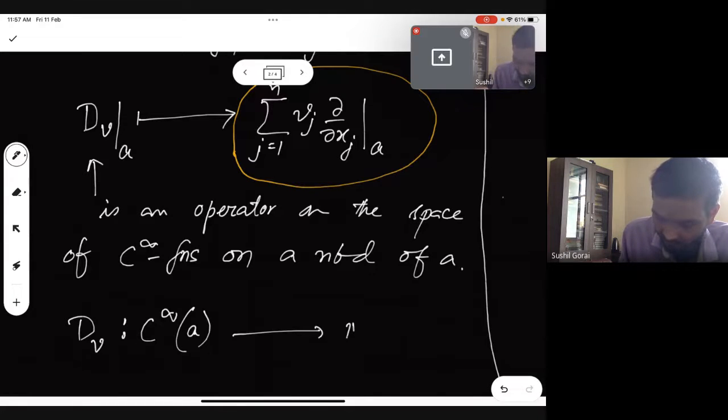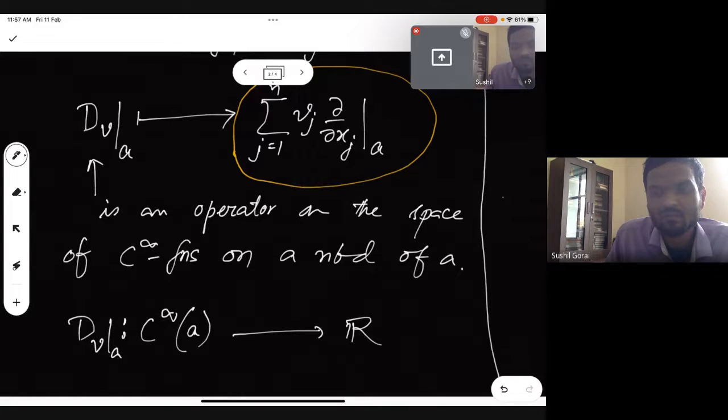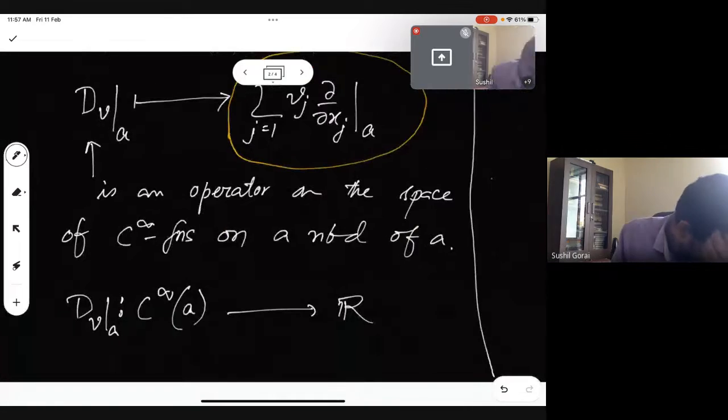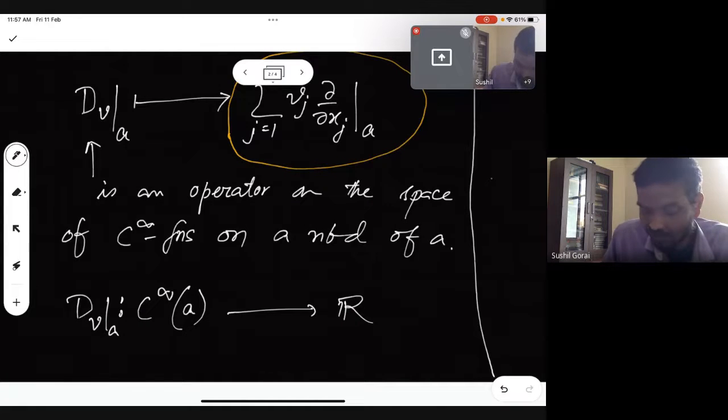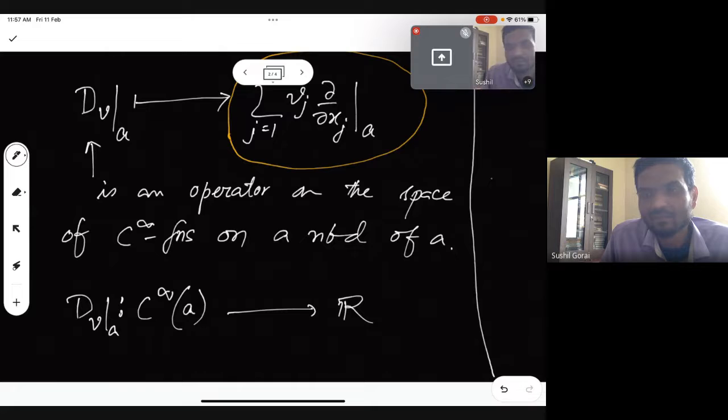Now the point is, you might have the same derivative for two functions around P.